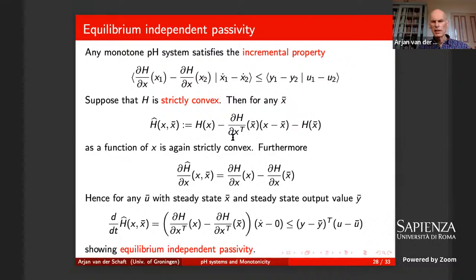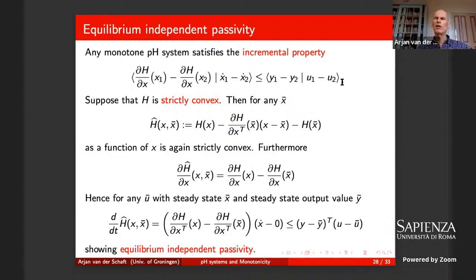In fact, this is also called a shifted Hamiltonian, and it goes back to many old papers in thermodynamics and also in nonlinear control, like a paper by Yaya Wardana and Romeo Ortega. So if we define this shifted Hamiltonian, then this is again strictly convex for any x bar. And furthermore, the gradient of this function is just given like this.